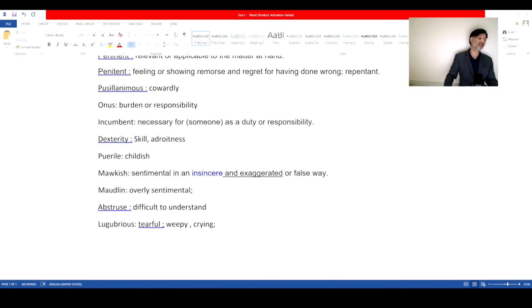It's used as an adjective. That means somebody is mournful, too much mournful, right? Lugubrious. How to use it in a sentence? So it's a sad kind of sentiment, very sad and exaggerated way.